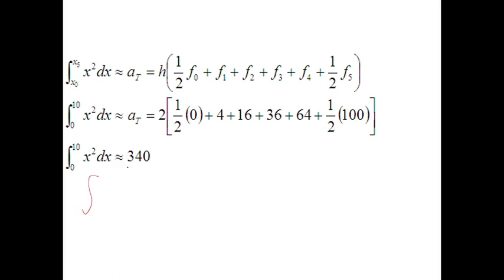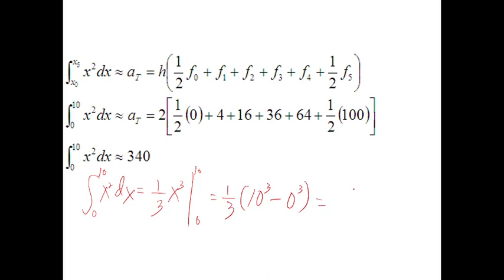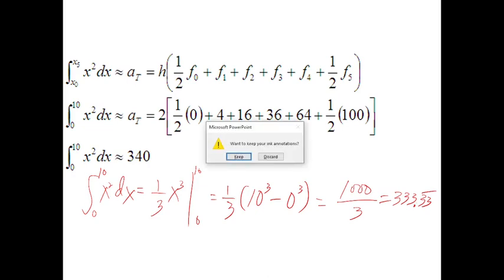Okay, we can check our answer. This can be integrated easily. Integral of x squared dx from 0 to 10, the integral is 1/3 x cubed using the power formula, limits from 0 to 10. So that's 1/3 of 10 cubed minus 0 cubed. So what is 10 cubed over 3? 1000 over 3, 333.33.